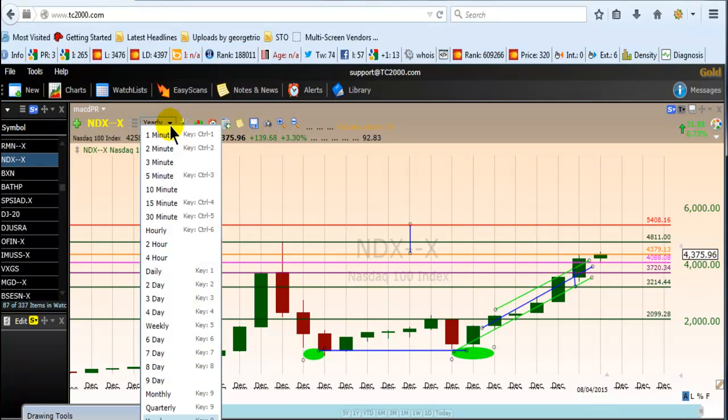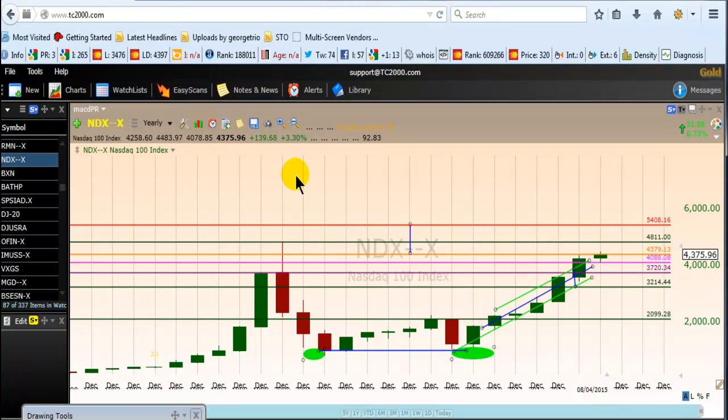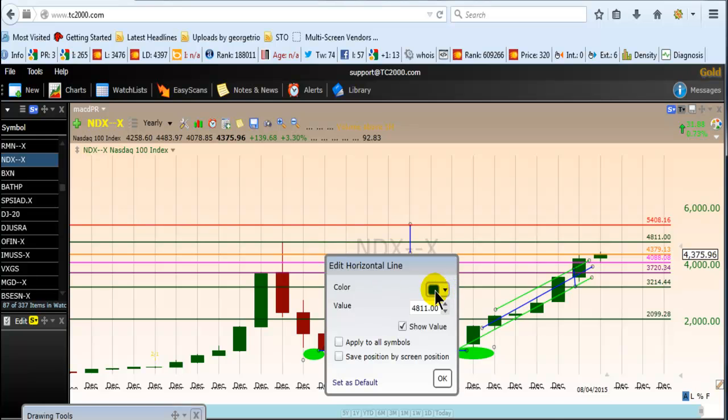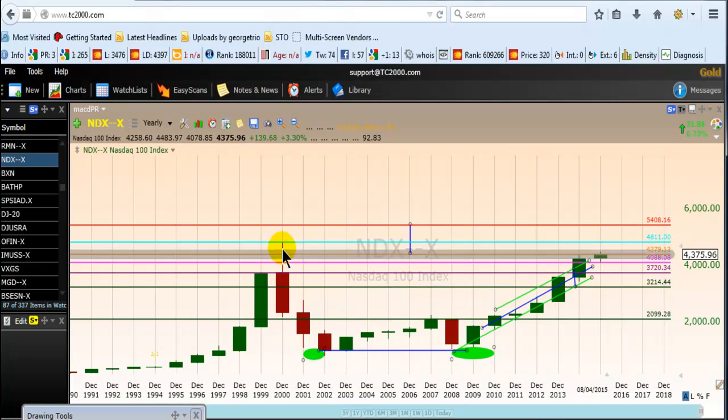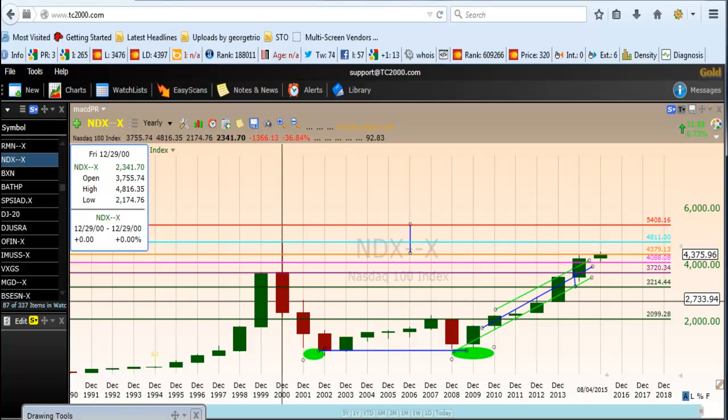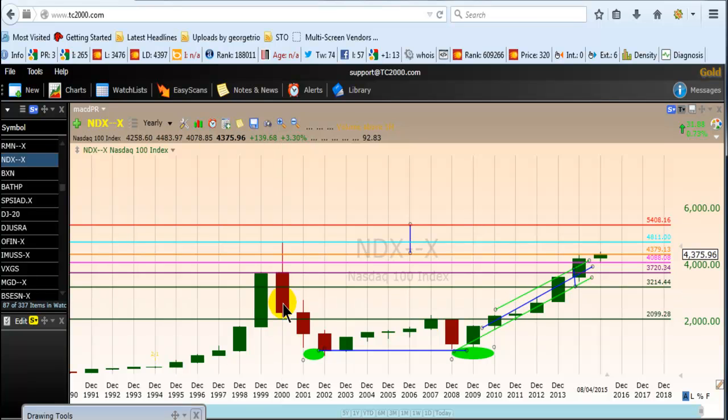So resistance level 2, which is a very, very important level that I want traders to remember, is this one. Our color is now turquoise, so you can see on the chart, turquoise, my favorite color. Here it is, the turquoise. It's near the high of 2000 for the year 2000.